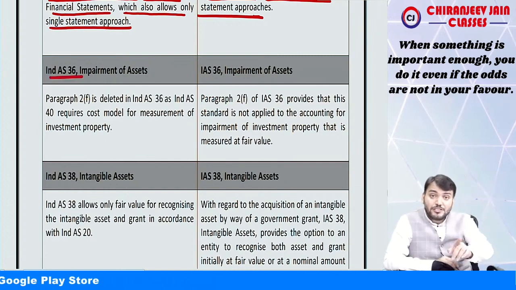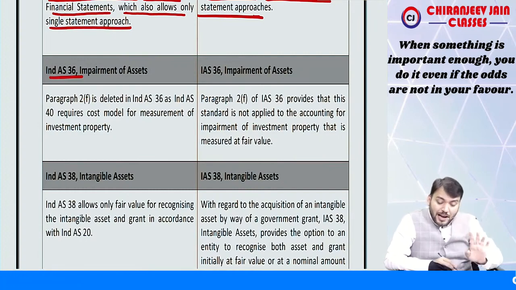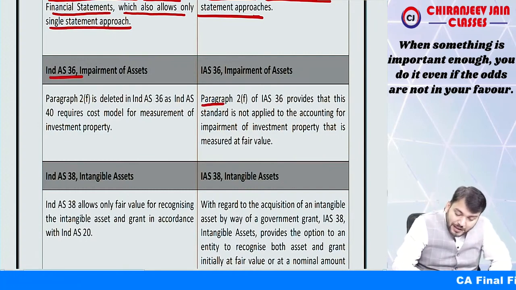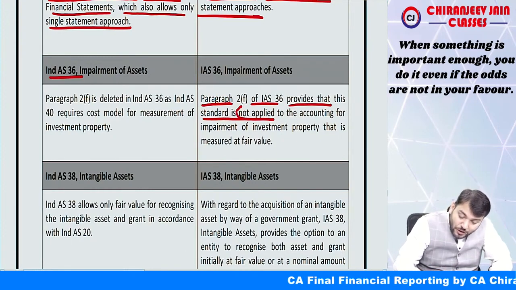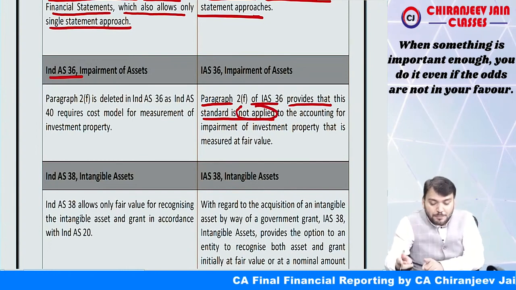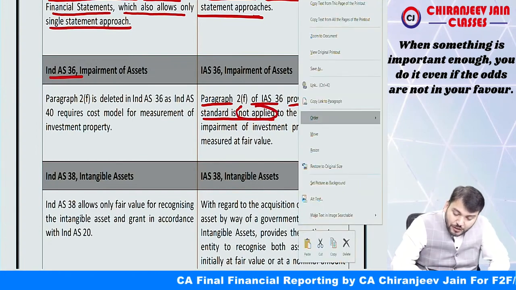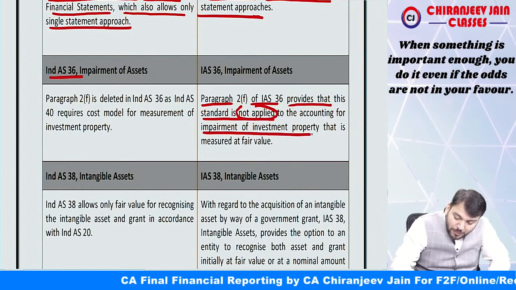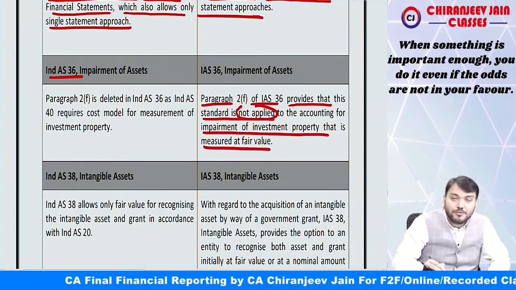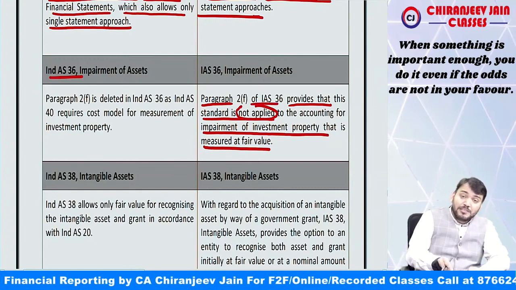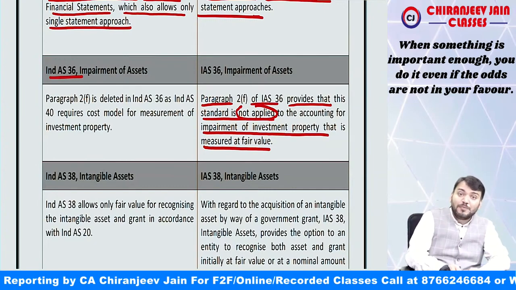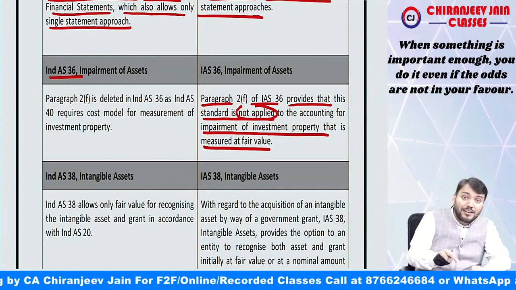One difference arises due to the option given under Ind AS 40. What IAS 36 says, paragraph 2F of IAS 36 provides that this standard is not applied to the accounting for impairment of investment property that is measured at fair value. But this para is not required under Ind AS 36, as this is applicable to investment property which is valued under the cost model.